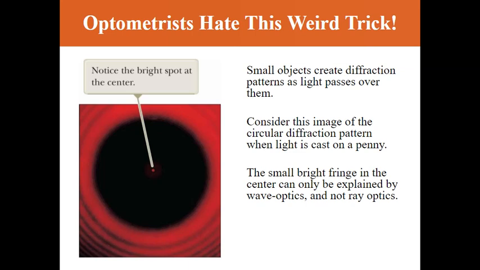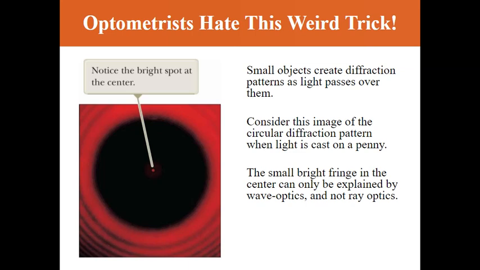Also, you should expect to see some diffraction pattern around the edge of the object. And Poisson said that no, this is obviously absurd. If you cast a light over a small object, particles of light would just get blocked, so you never see a bright spot in the center of the shadow.